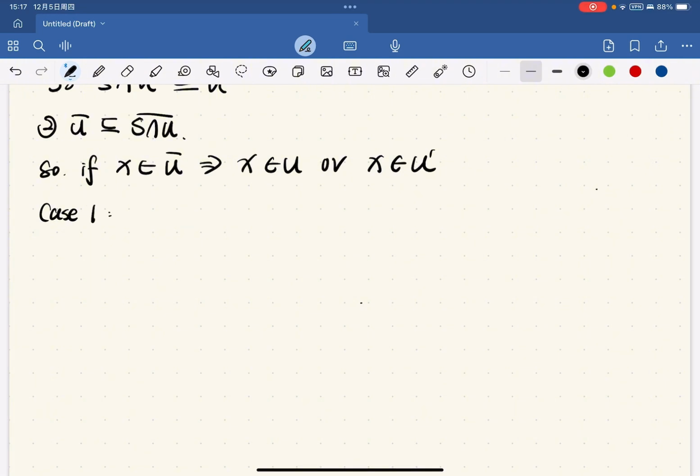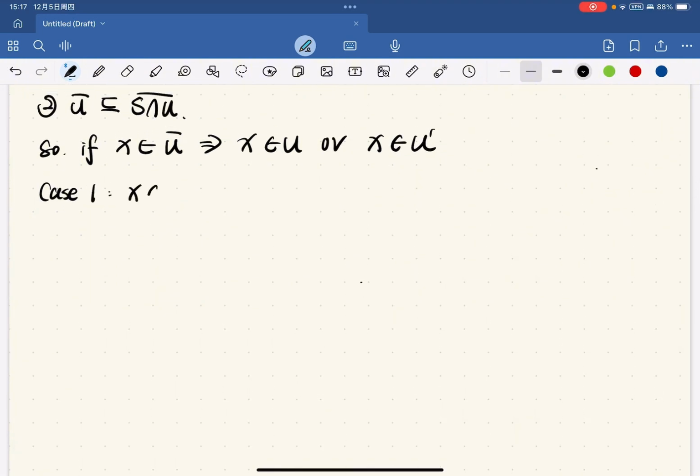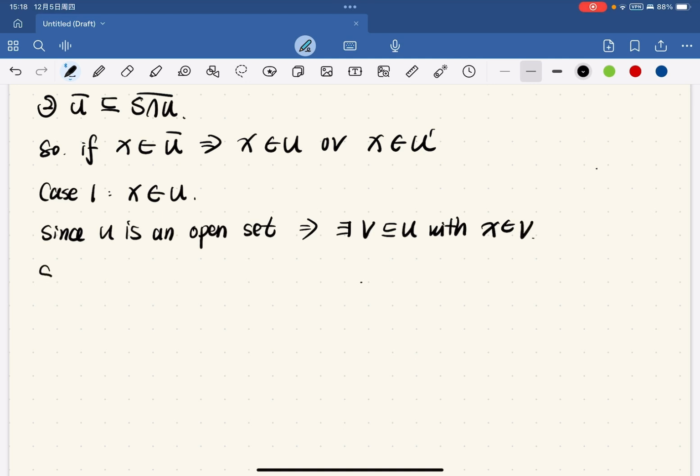Case 1: x is in U. Since U is an open set, any neighborhood V of x is also contained in U. Since S is dense, the intersection of S with any open set is not empty.